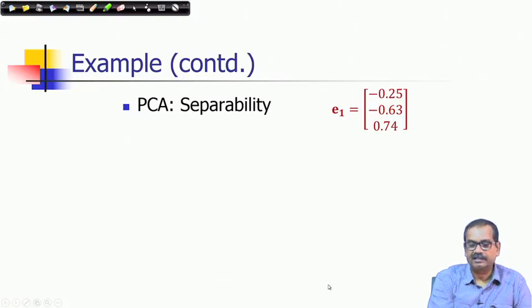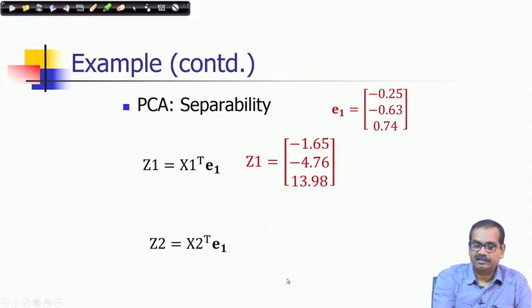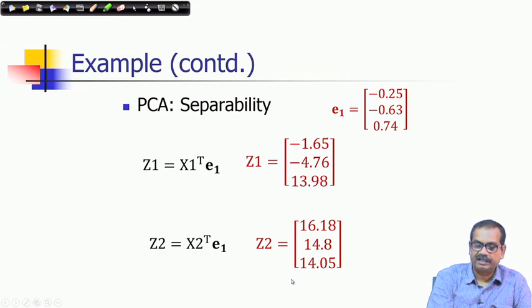If I take that direction and check the separability of the projected samples, we perform the same projections and these are the values we get. This is a toy example, and approximately it is well separated, but compared to the previous one there is at least one sample, 13.98, which lies very close to the interval of the data points of Z2.